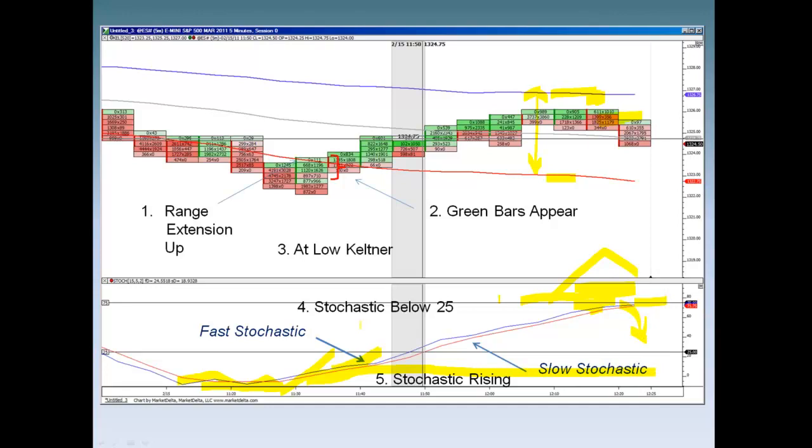So the only time I want you to pull out the stochastic and look at it is when, in fact, you are in a sideways market. This is when it becomes helpful.